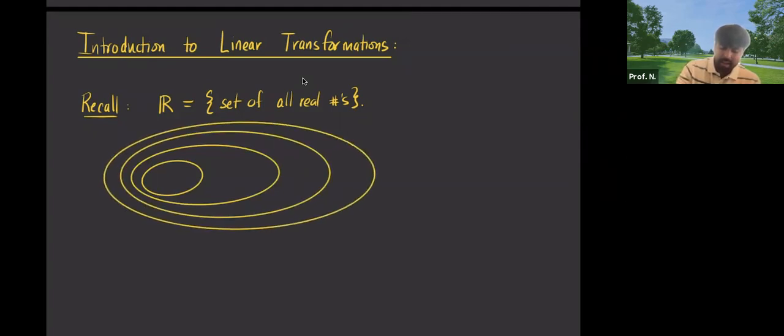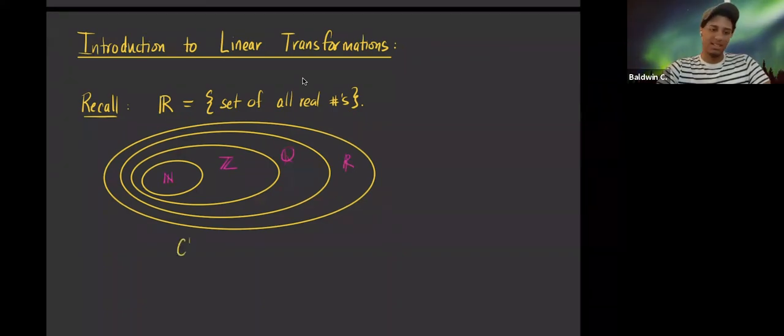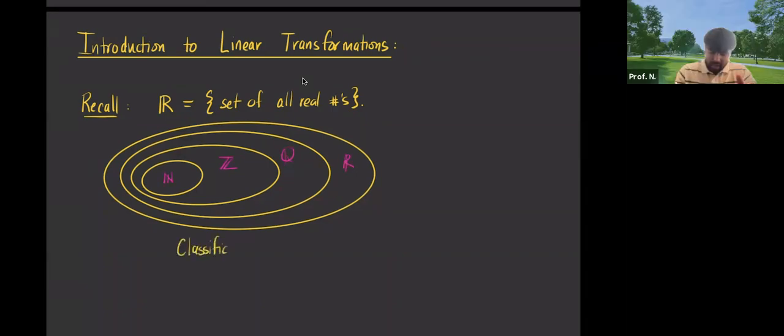Like this: all the natural numbers, then all the integers here, then all the rationals, then all the reals. That's the nestedness of the classification of numbers. I'm saying something else, but yes, this is great though. Classification of numbers. I like that.